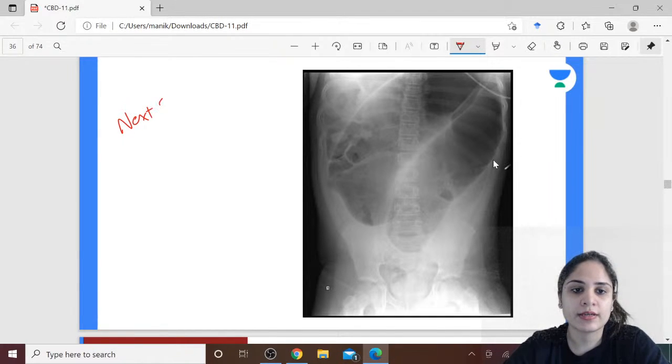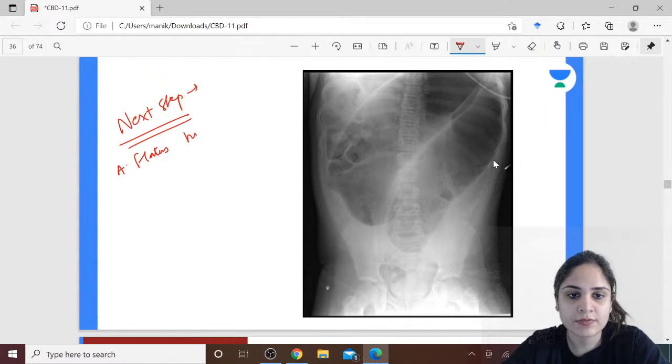What will be your next step in this case? Will you pass a flatus tube? Will you do a CT scan? I'll give you 4 options. Will you pass a flatus tube? Will you do a CT scan? Will you put a Ryle's tube? Or will you take this patient for emergency laparotomy?